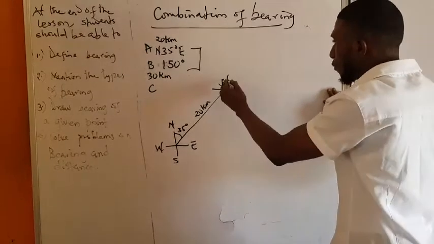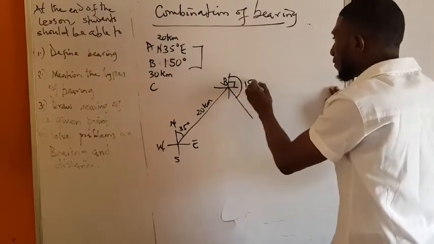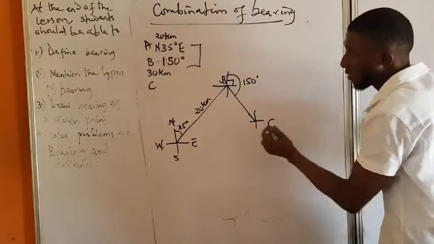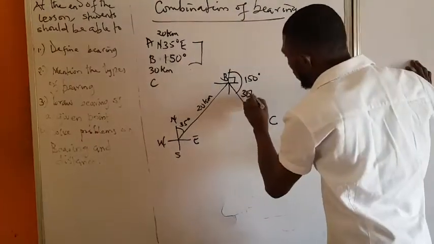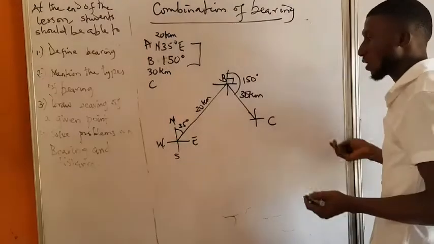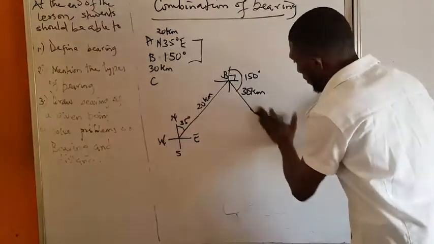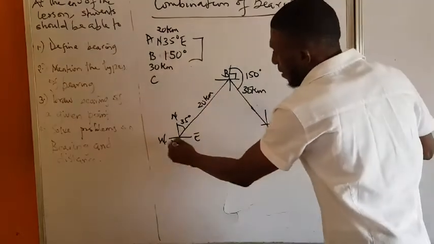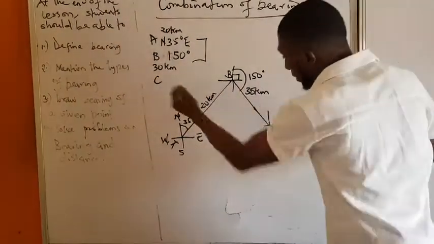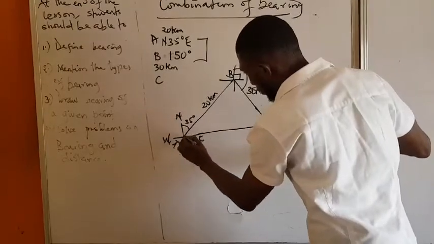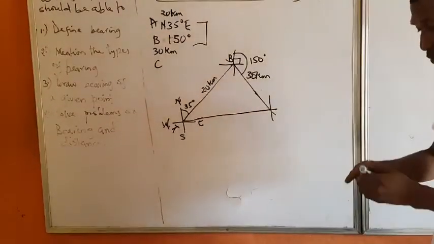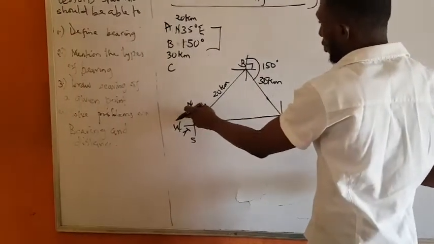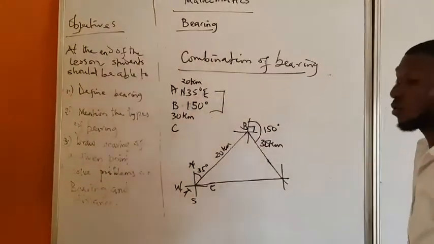Therefore, from this place to this place is 150 of the man to another point C, which is 30 kilometers. What they are now asking for is the distance covered by that man from point A to point C. If you look at this one very well, this one is a combination of a two-directional bearing and a whole circle bearing.